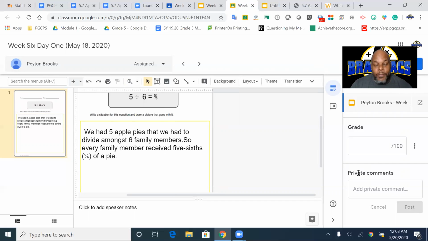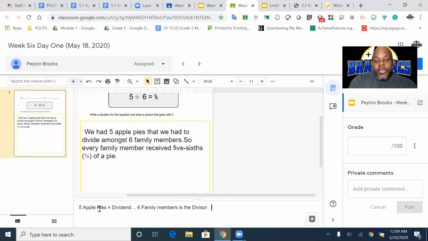So 5 apple pies becomes the what? 5 apple pies is the dividend. 6 family members is the divisor.